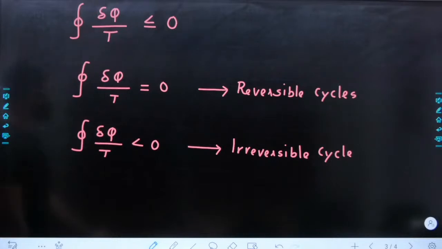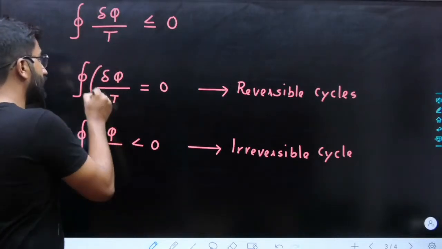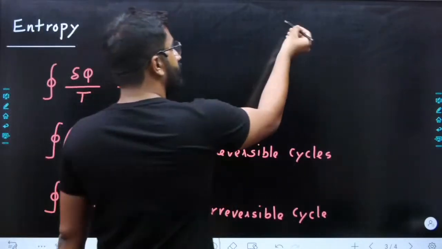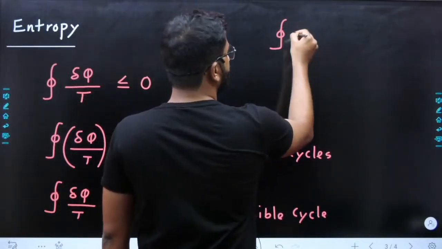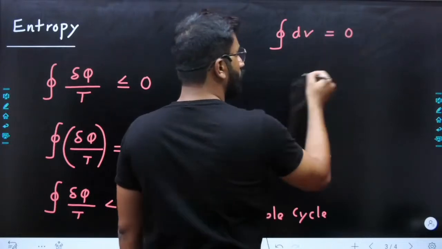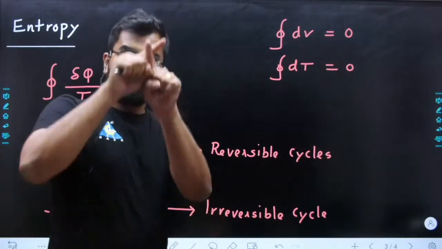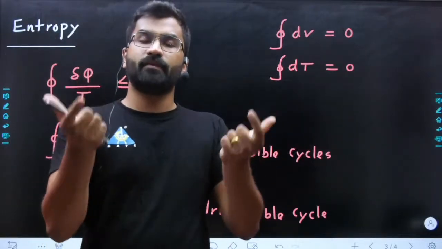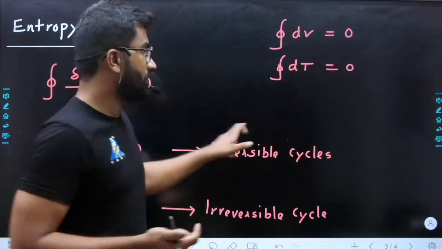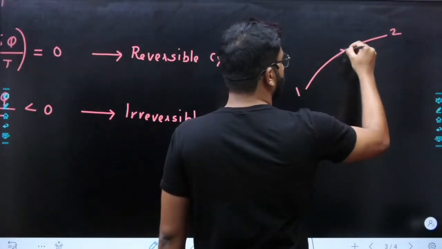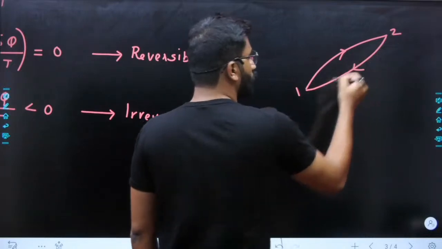Now, what scientists are seeing is that we have something whose cyclic integral is 0. What is the value of cyclic integral of volume change? 0. Cyclic integral of temperature? 0. That is, for a cycle, your initial and final values will always be the same. If you see a process, this is process 1 to 2, and this is process 2 to 1.